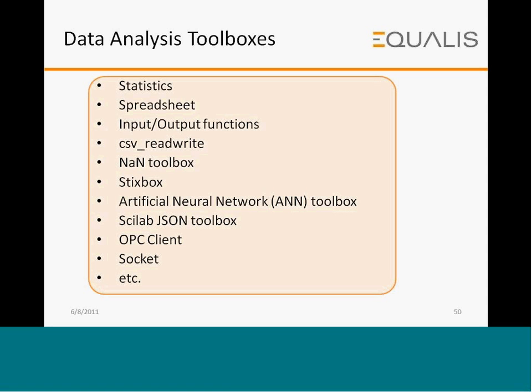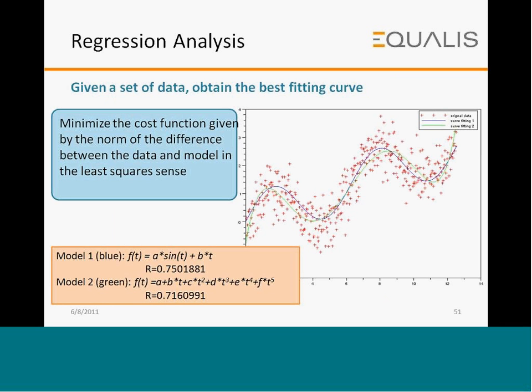Moving on to data analysis. You may want to do statistics, some spreadsheet processing, some input-output functions, CSV read-write. There is NaN toolbox, there is stixbox, artificial neural networks toolbox, Scilab JSON toolbox, OPC client, socket, and others. Let's take an example of regression analysis. So you have a set of data and you want to fit the best fit curve.